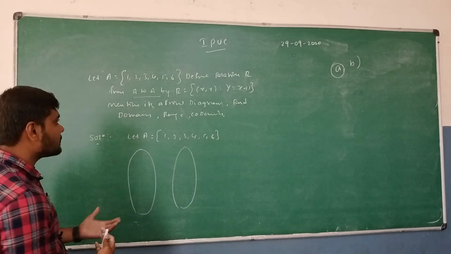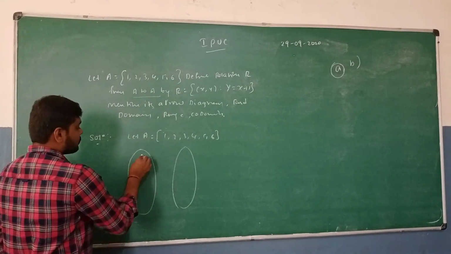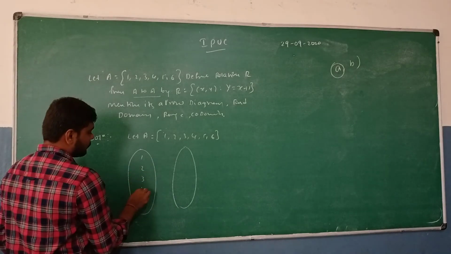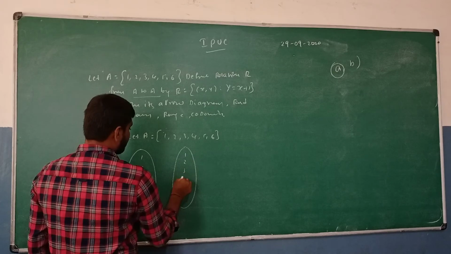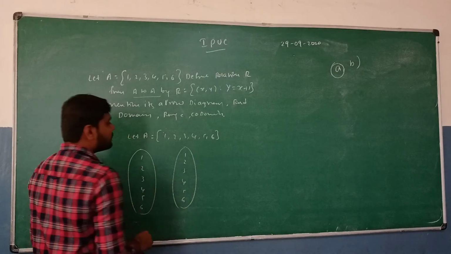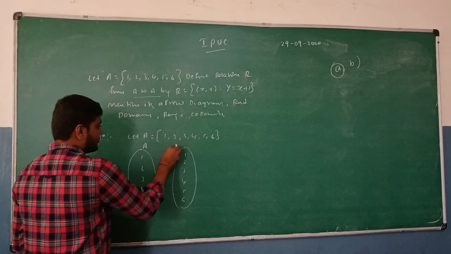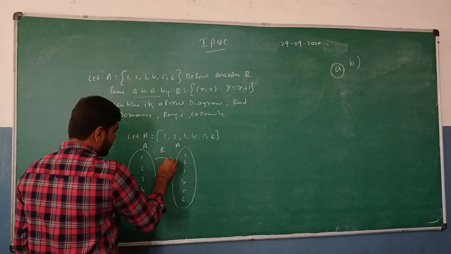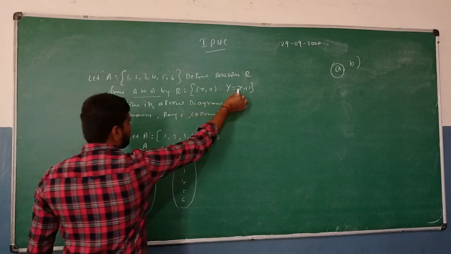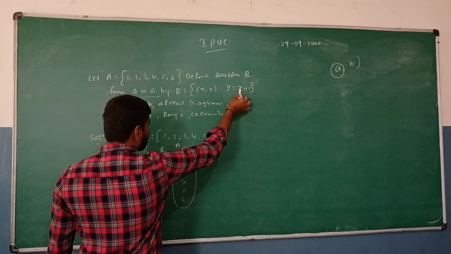They have given a relation R here. So 1, 2, 3, 4, 5, 6 and 1, 2, 3, 4, 5, 6. These are the elements in set A and set A. They are finding a relation between A and A. So what is the value of x here? Suppose I substitute x = 1.